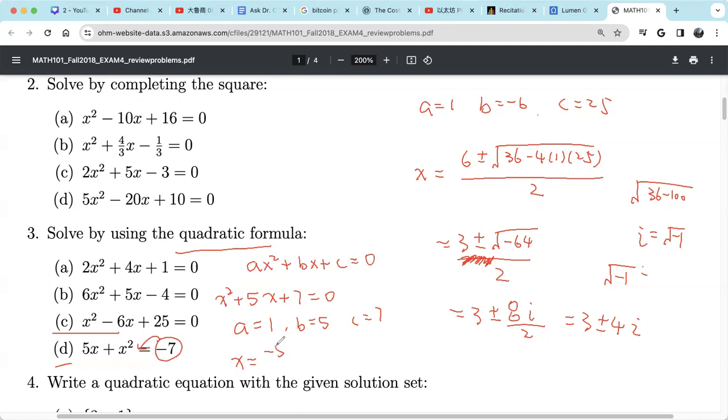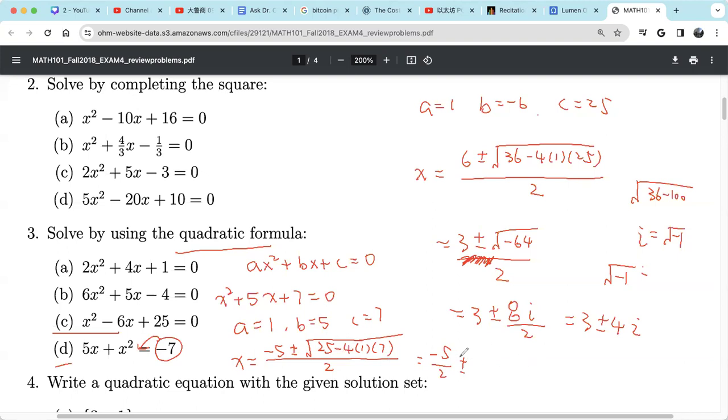-b, -5, plus or minus the square root of b squared, which is 25, minus 4 times a, which is 1, times c, which is 7, all divided by 2 times a, where a is 1. That's 2. So we get -5/2 plus or minus. Let's figure out the discriminant.